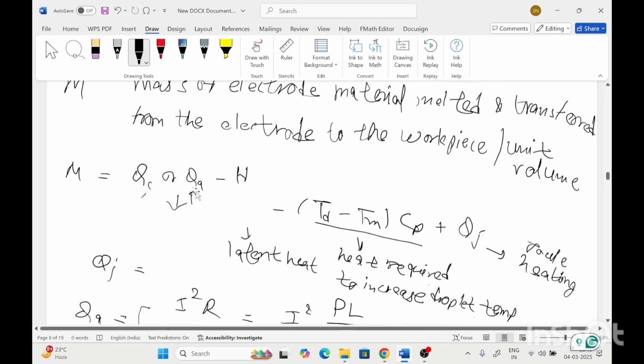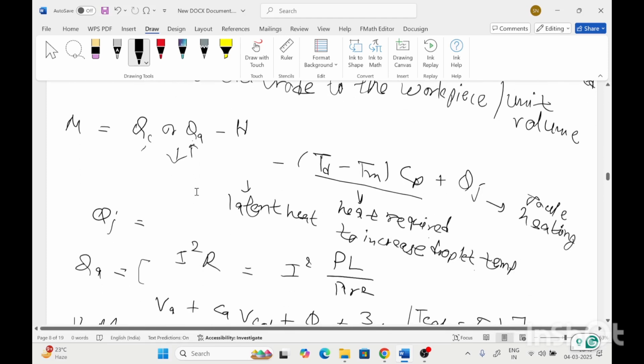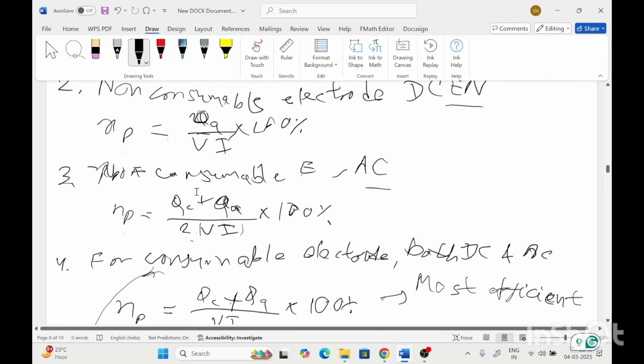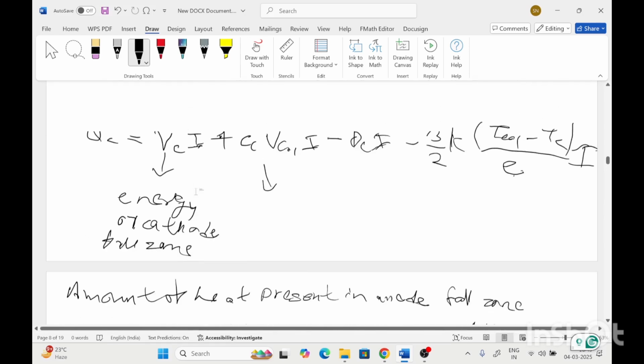Okay, in the last week we discussed the different types of gas tungsten arc welding.